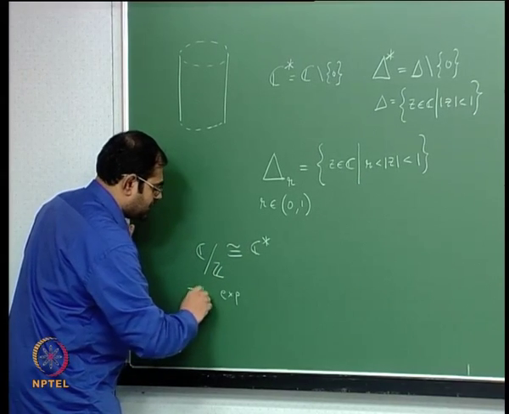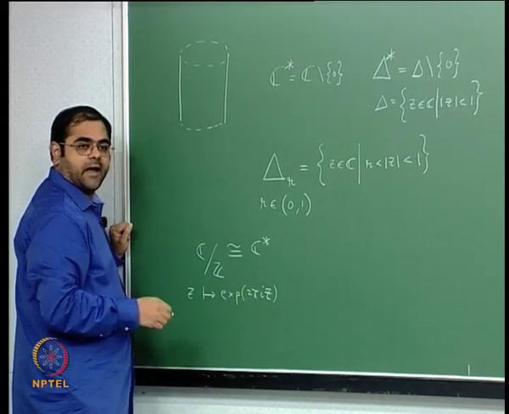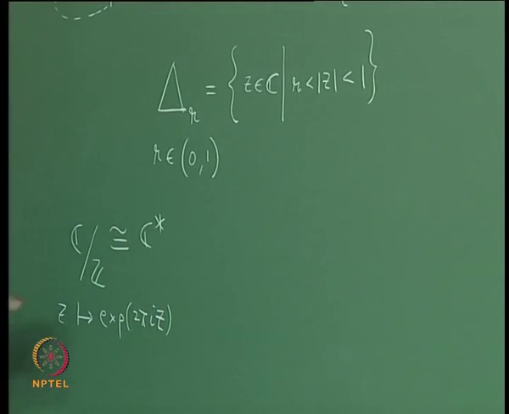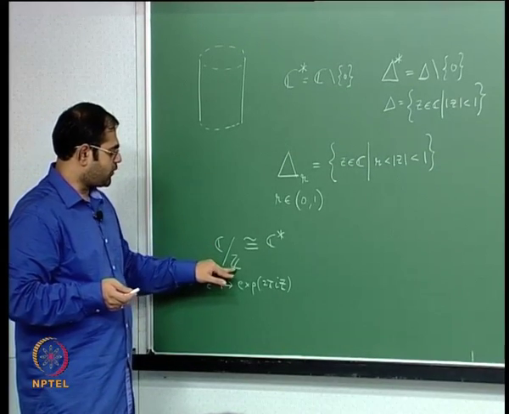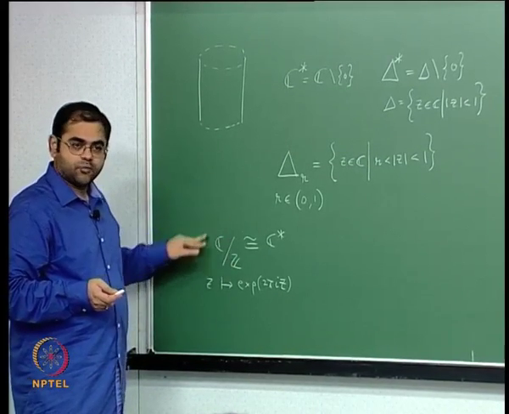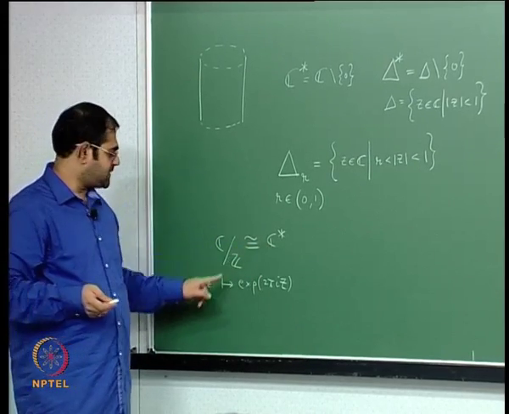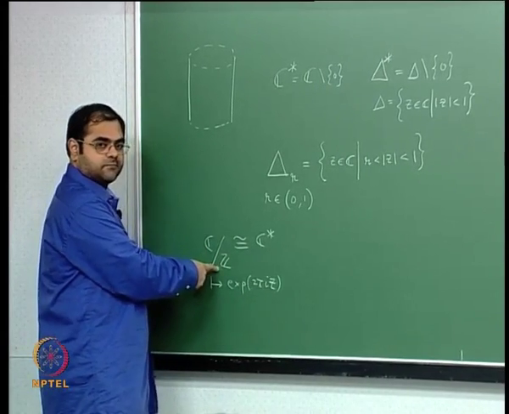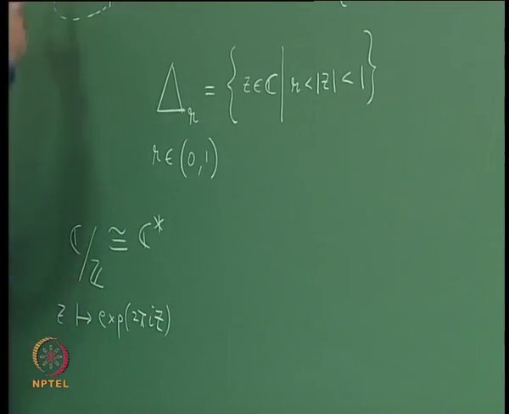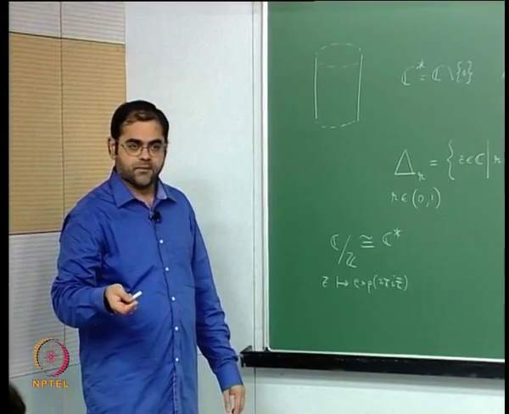So you just send z to e to the power 2 pi i z, and this mapping has for its kernel the integers, and therefore the source modulo the kernel, thought of as an additive group, is isomorphic to C star thought of as a multiplicative group, and this is the map. So essentially I am just saying that C mod Z is C star, and of course C mod Z is also a cylinder because that is the way we got the Riemann surface structure on the cylinder.